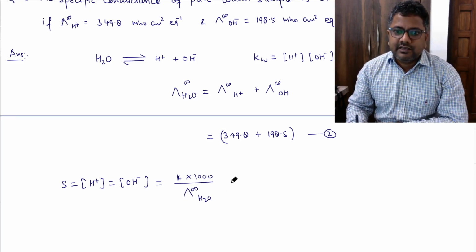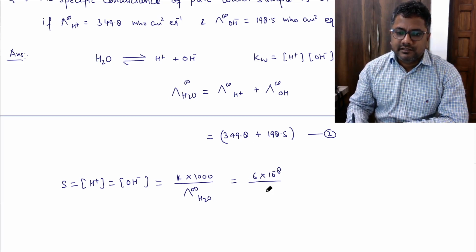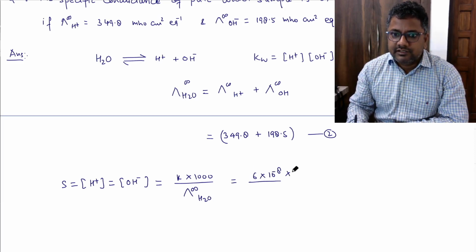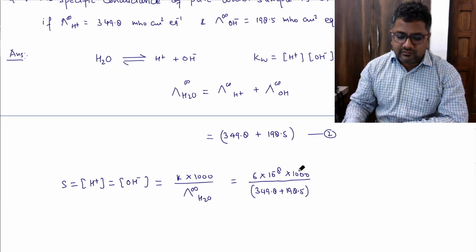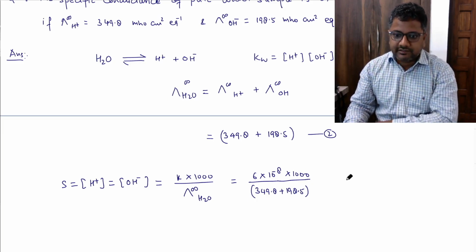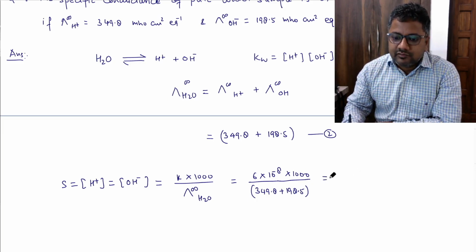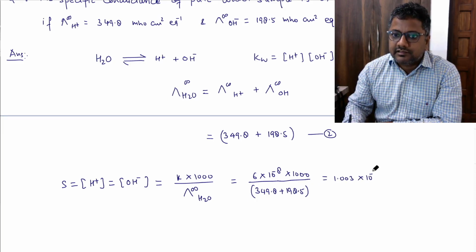So kappa is given, that is 6 into 10 power minus 8, divided by 349.8 plus 198.5, multiplied by 1000. Now you can solve this, and this will come to 1.003 into 10 to the power minus 7 moles per liter, right?